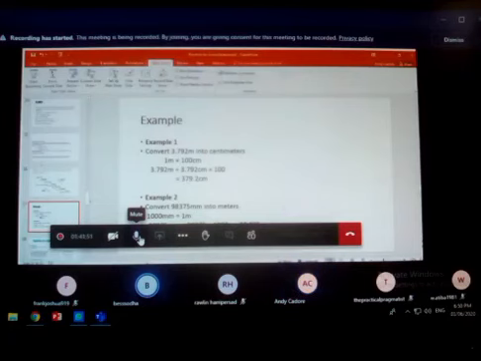Let me know how many of them you finished. The next one was what? 3,500 millimeters, and you're converting that to meters. Okay, so I finished them.